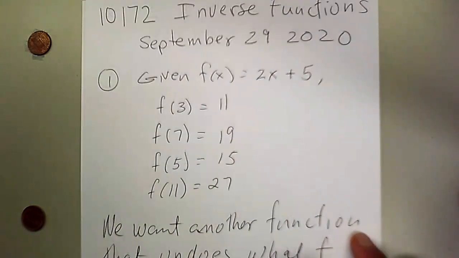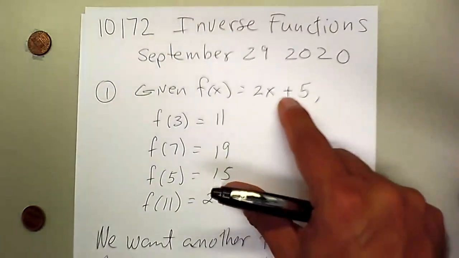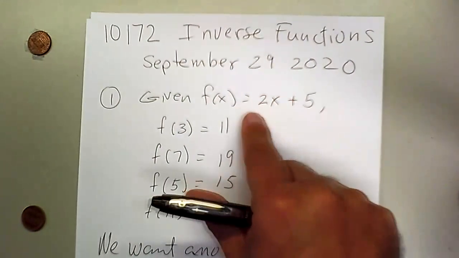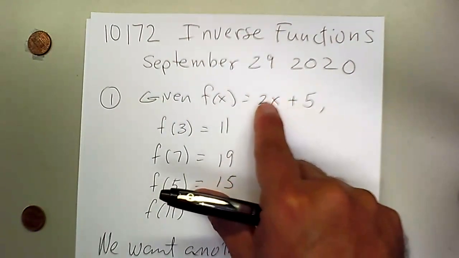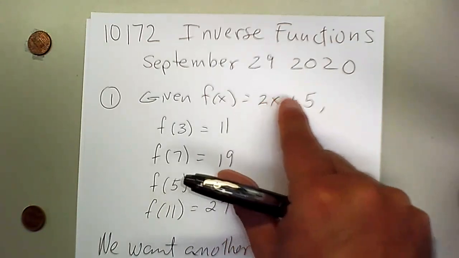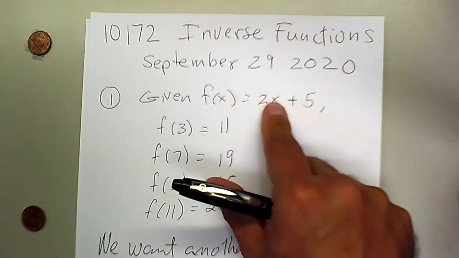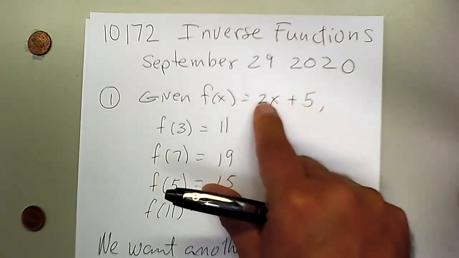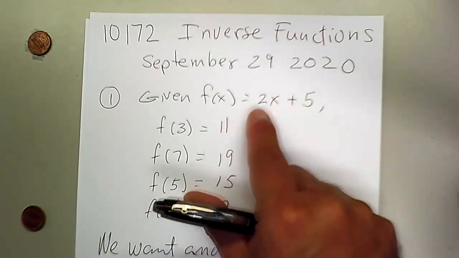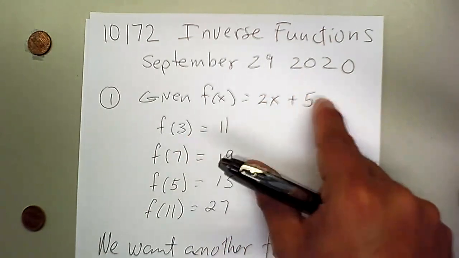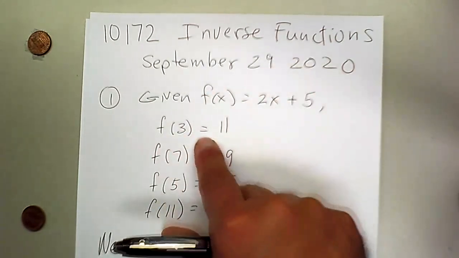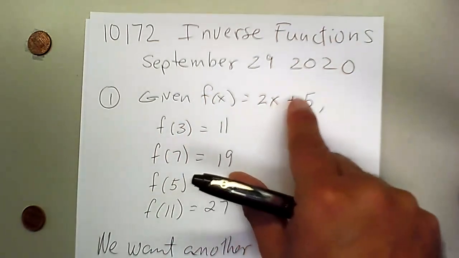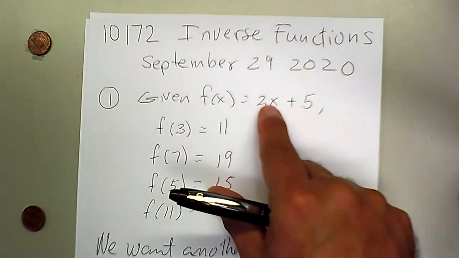We can think this through without too much difficulty. The input gets multiplied by 2, and then that product gets added to 5. So how do we get the 11? Multiply the 3 by 2 and then add 5. So if we undo those steps backwards, we have to divide by 2 and subtract 5.